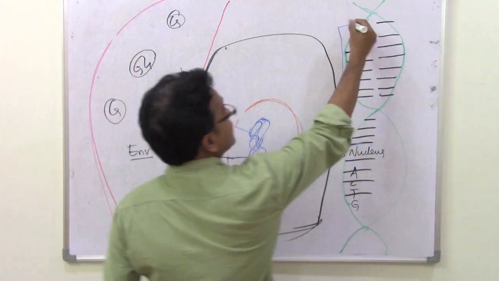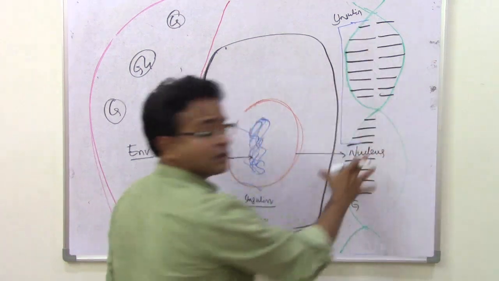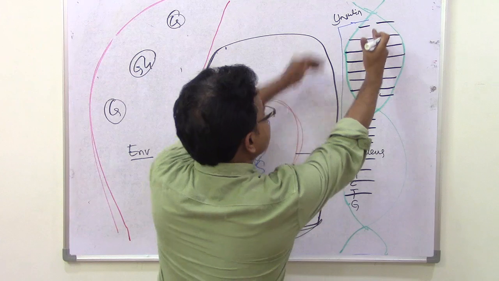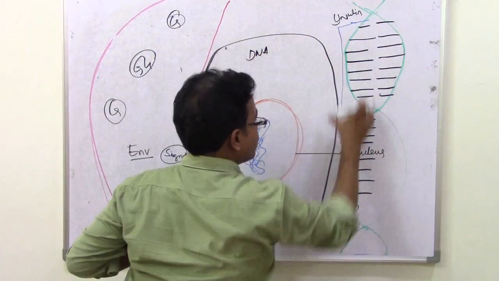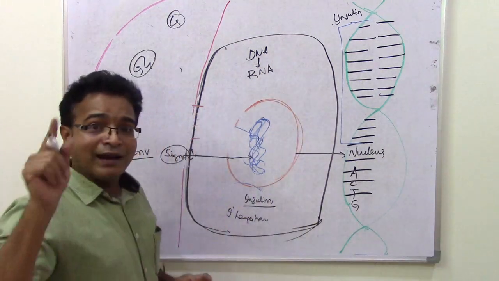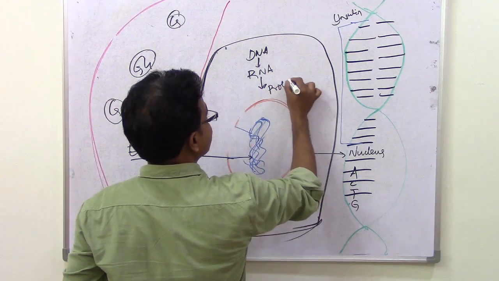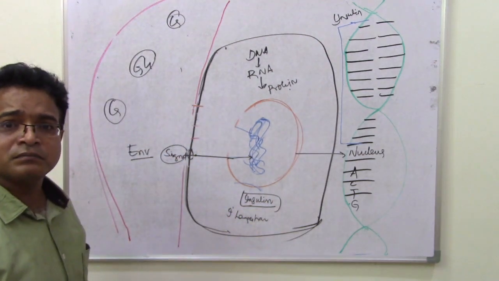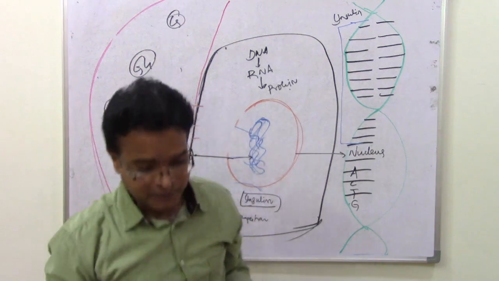Let's say this sequence is coding for the production of insulin. So, this DNA sends out a copy called RNA, and this RNA is producing the protein. In this case, the protein is insulin. So basically this is the job of a gene.